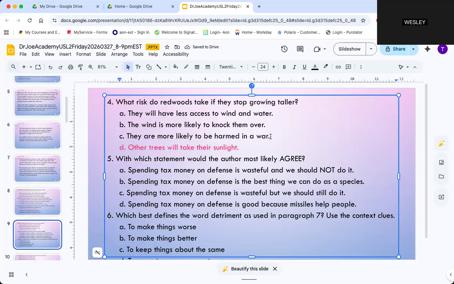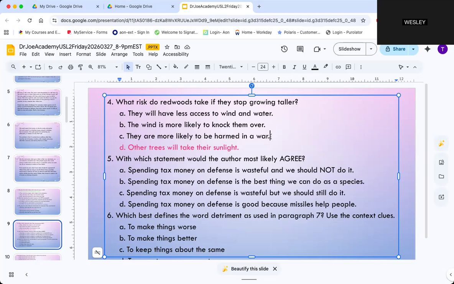With which statement would the author most likely agree? A. Spending tax money on defense is wasteful and we should not do it. B. Spending tax money on defense is the best thing we can do as a species.